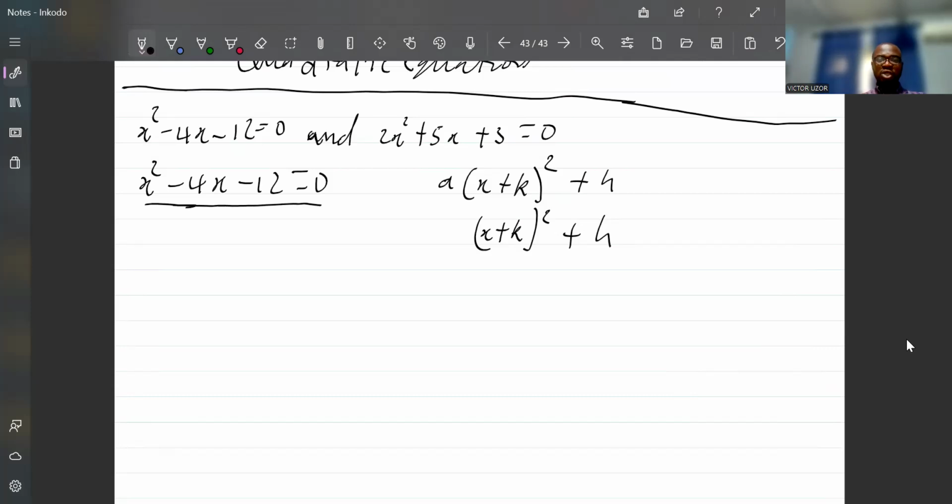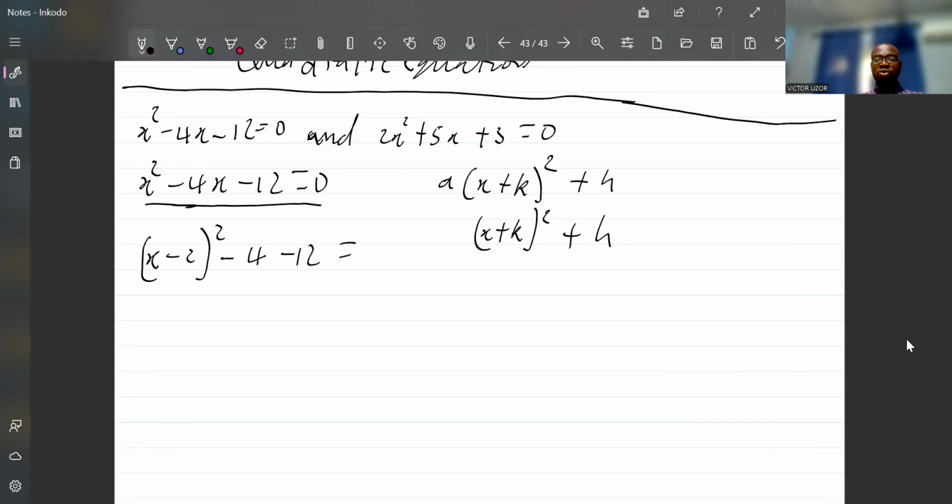The first thing I do is put x here. Then whatever I have here, half of negative 4, which is negative 2, I will square it. So negative 2 squared will give me 4, and I'll still put this number that is here, negative 12.